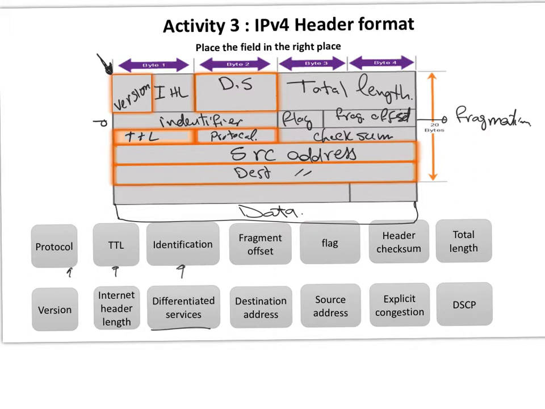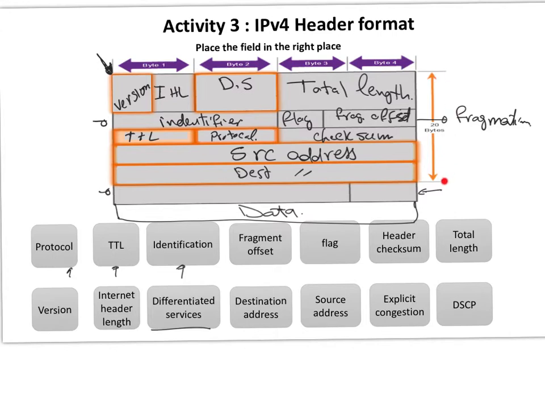Okay. This is actually not just one row. As we can see here, the header is organized in rows, and each row is actually 4 bytes, which means that these 5 rows that we have talked about so far represent 20 bytes altogether. 20 bytes is the minimum header length for the IP header.